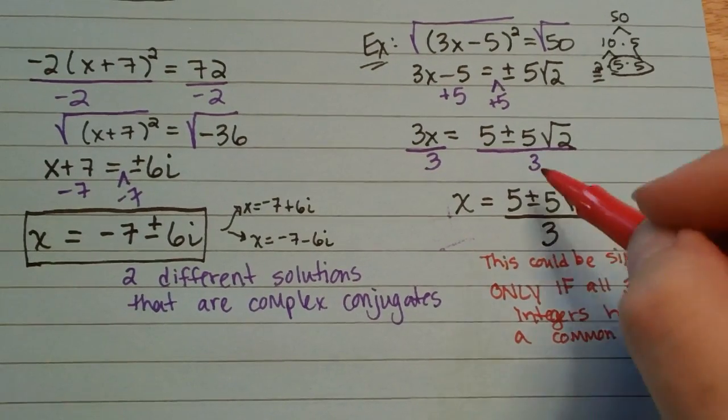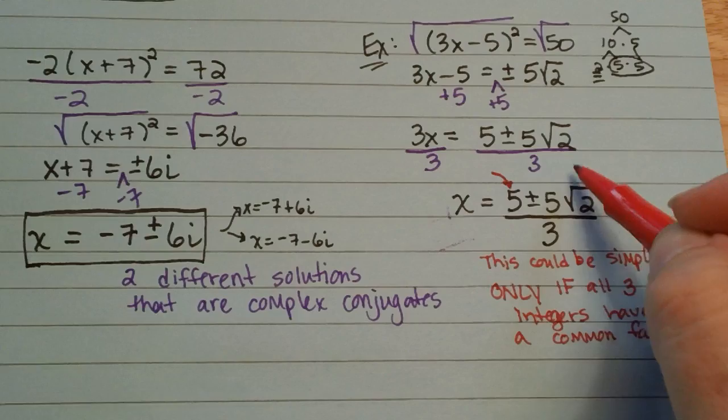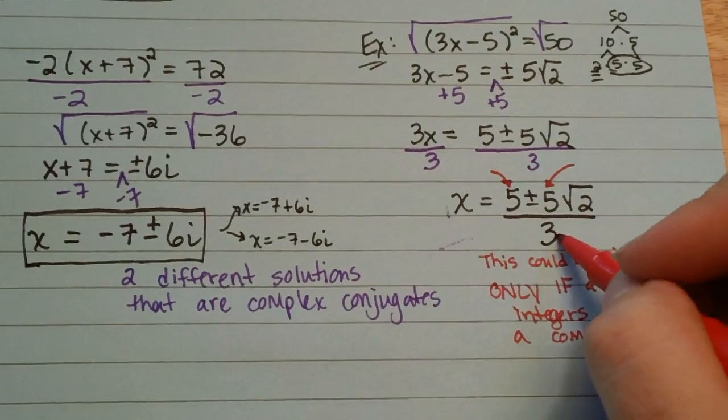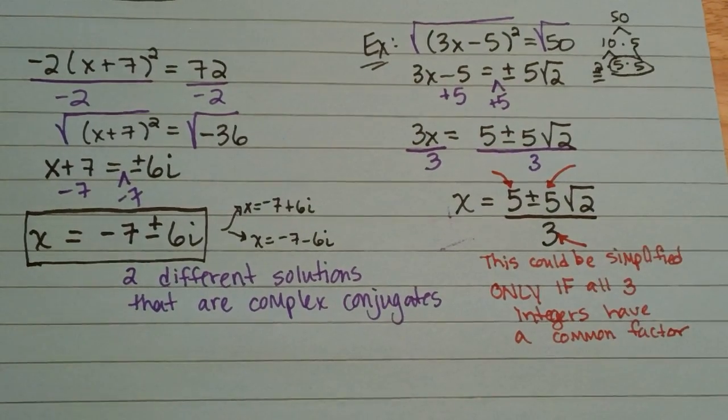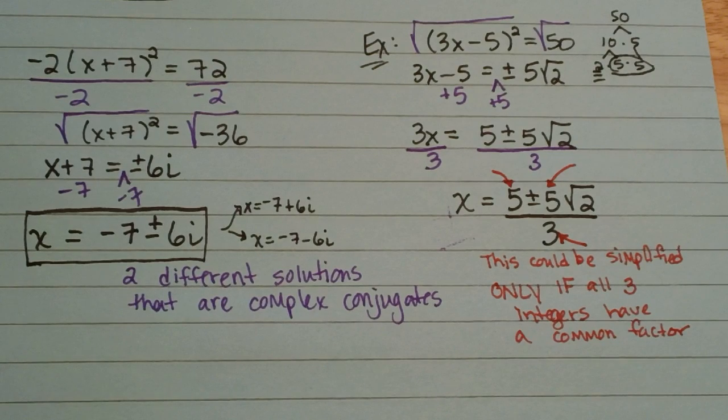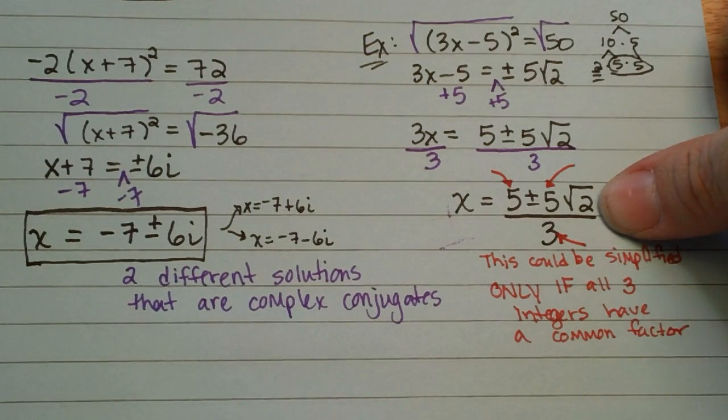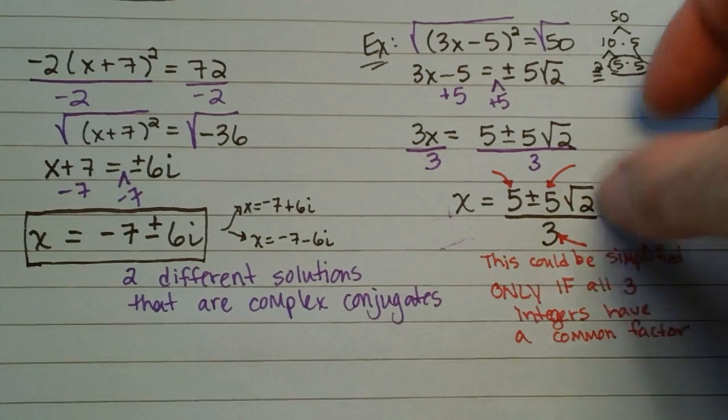So if I could divide this integer, and this integer, all by the same factor, then I should do that, and that would simplify that answer. But I can't, so this is actually the answer in its simplified form.